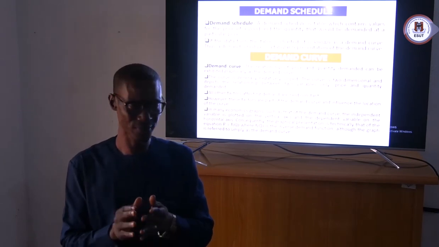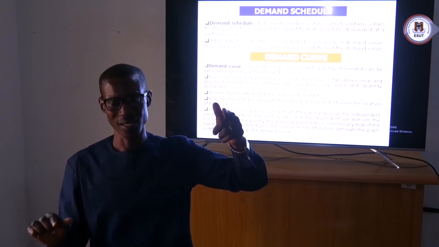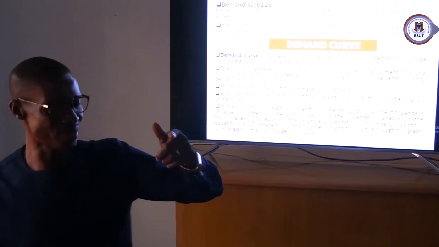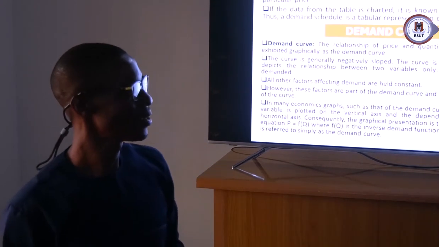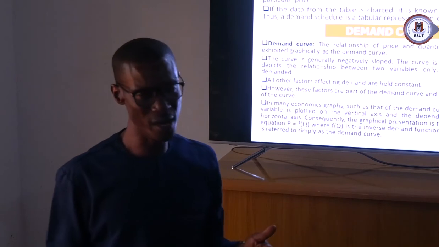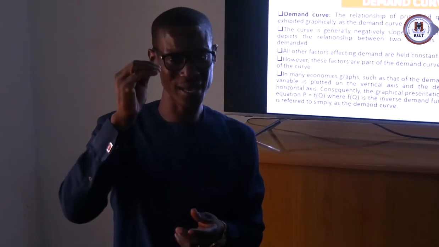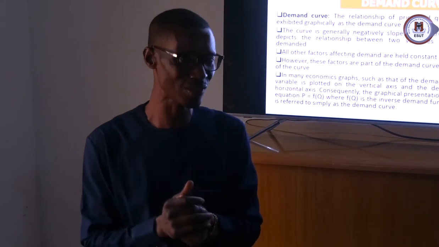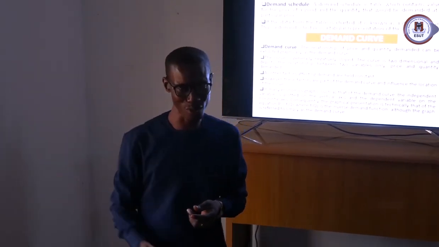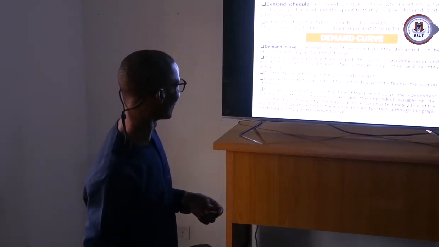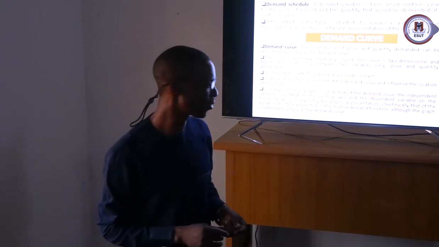We always have a demand curve that has quantity demanded on the horizontal axis and the price on the vertical axis. This portrays simply that the higher the price of a commodity, the lesser the quantity demanded of such commodity. So that is the reason why we have a downward sloping demand curve in economics.